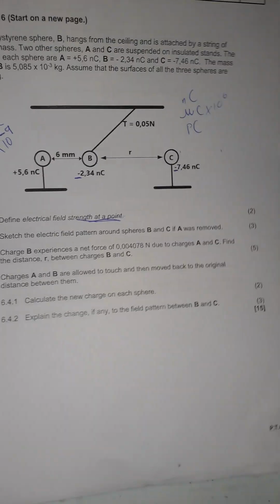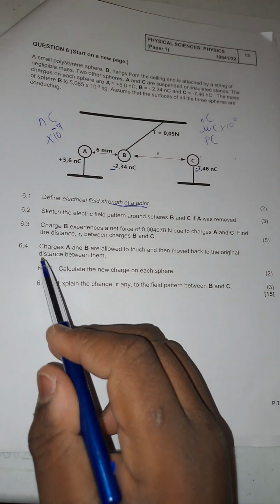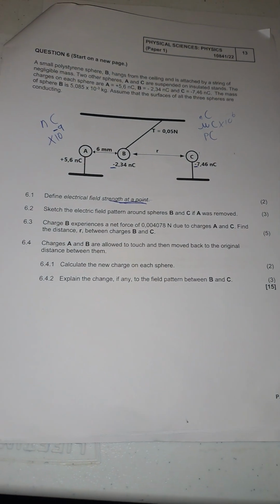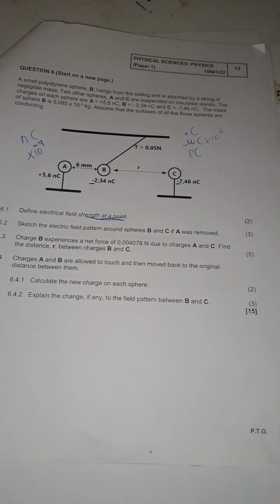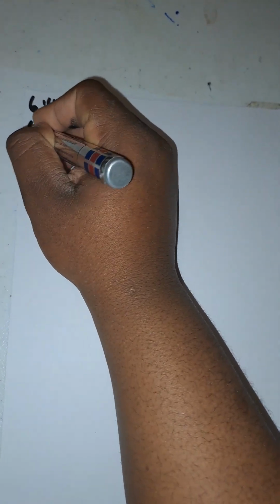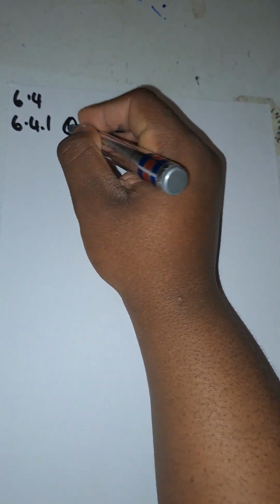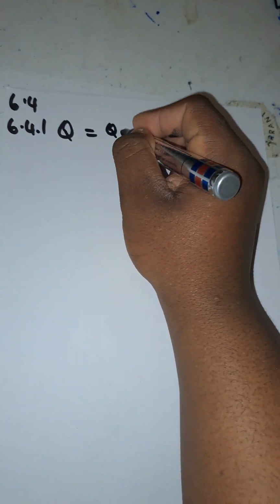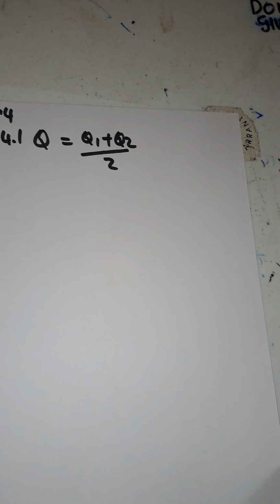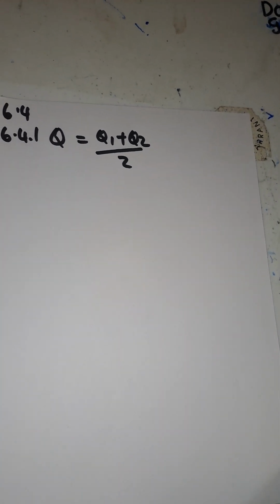So now let's continue. They are saying charges A and B are allowed to touch. So let me find a new paper. Since they are allowed to touch, you know what you're gonna use, that formula from grade 10. So on 6,4: Q new is equal to Q1 plus Q2 over 2. So what will you have?